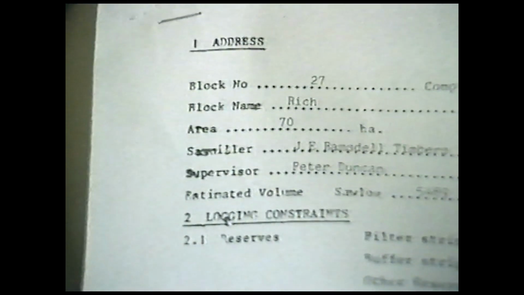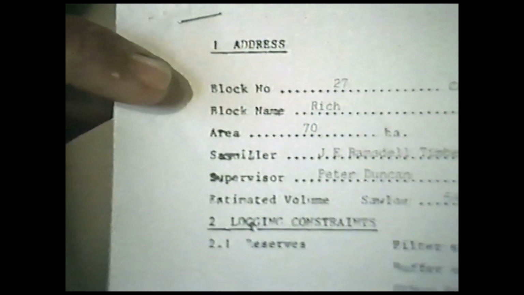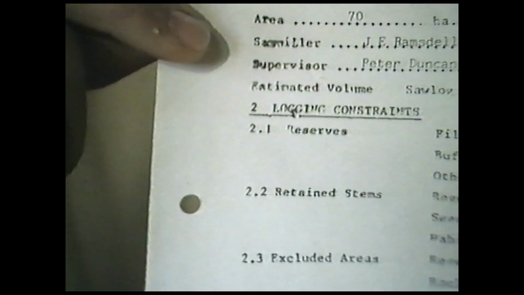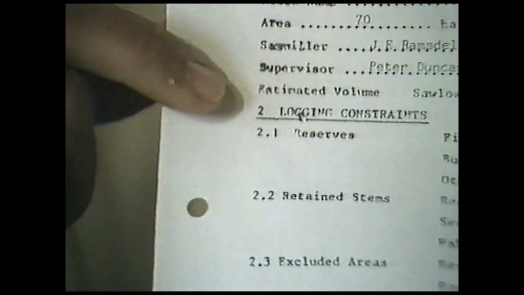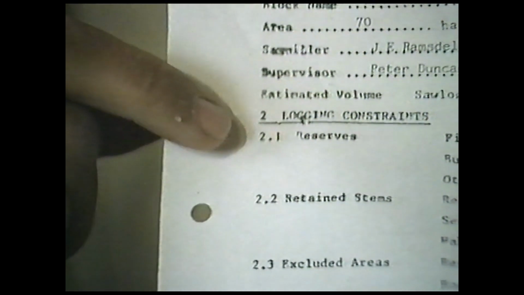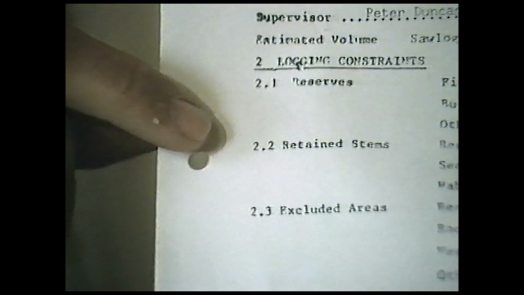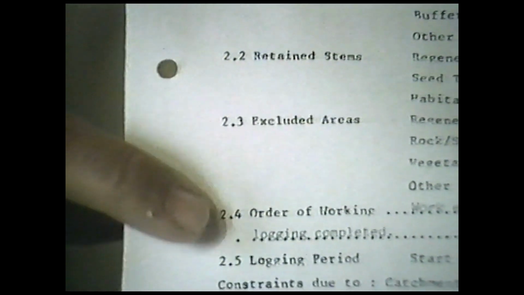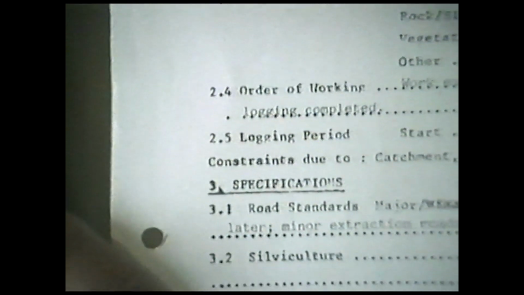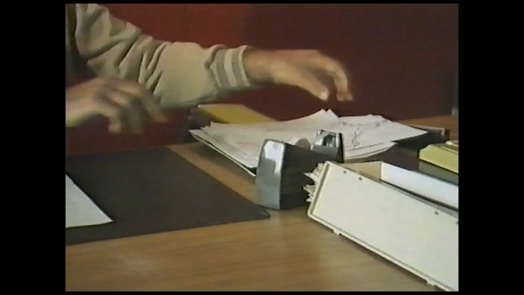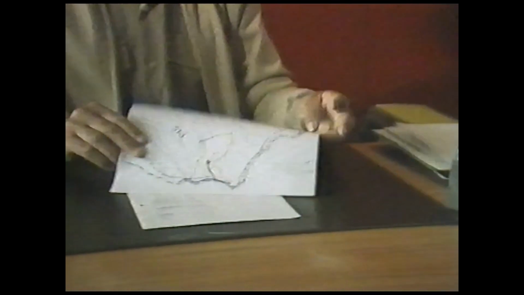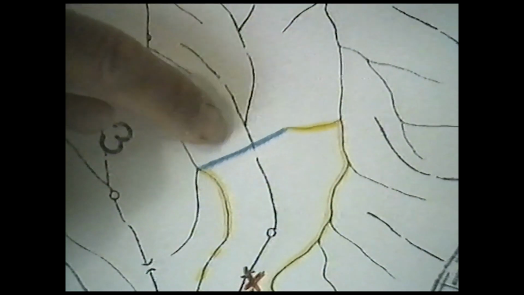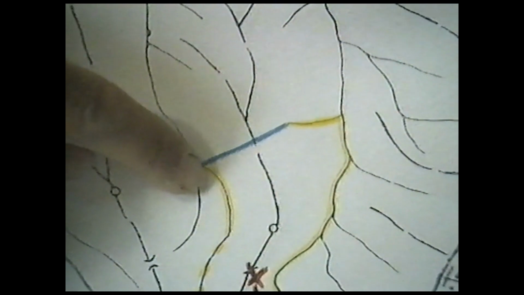This logging control sheet sets out the volume of timber that we hope to obtain from that area, the fact that there are certain areas which are not available for logging because of streamside constraints or constraints of rock or steepness, or being reserved for flora or fauna, and any other factors which are relevant to the logging on that coop.